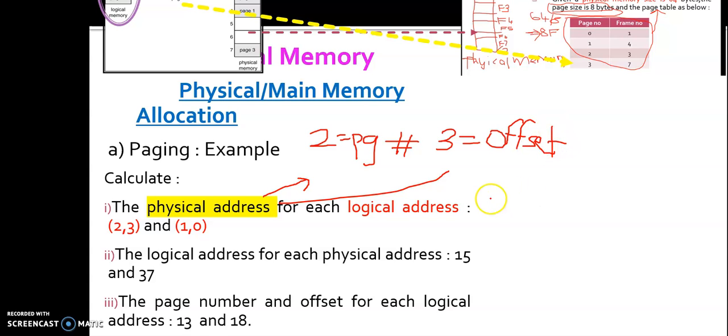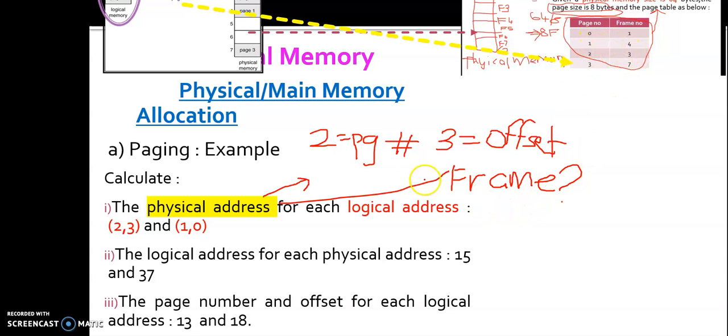So how do you calculate the physical address? First, you must find the frame. Which frame is page 2? You need to locate which frame it is, so you look back at your page table here. Page 2 is located at frame number 3.